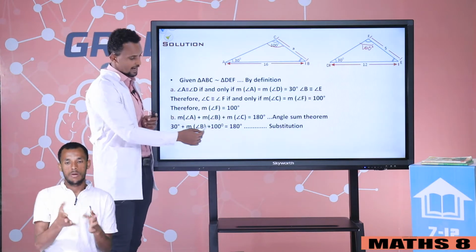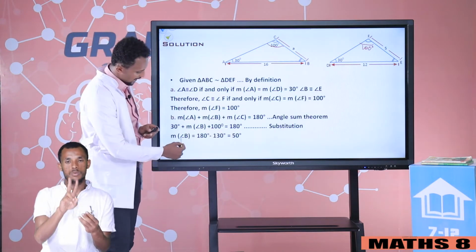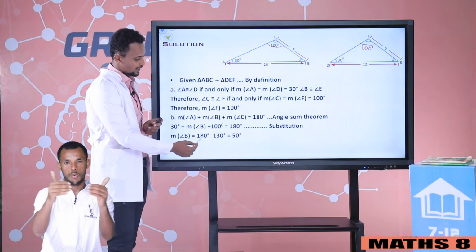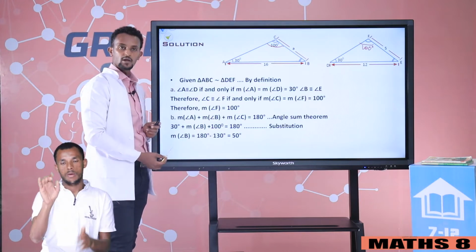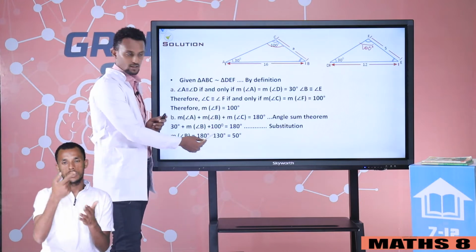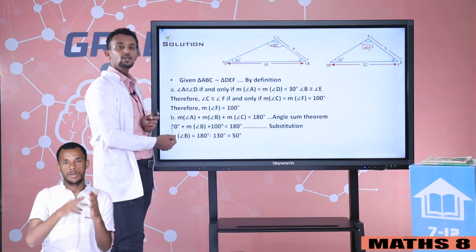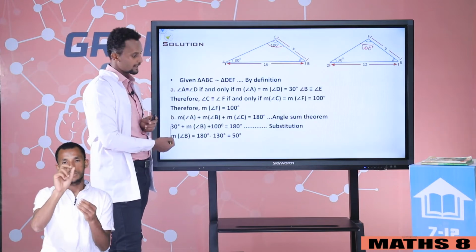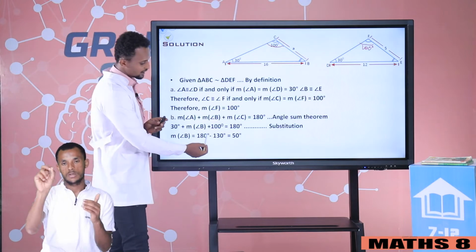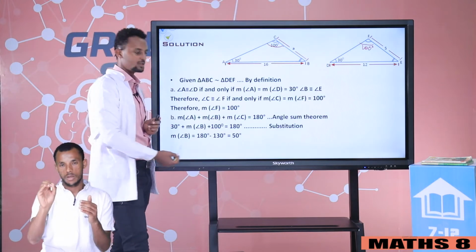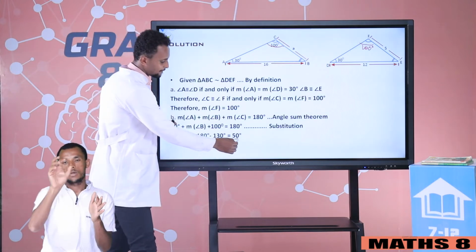Now let's add them. So angle B is equal to 180 minus 130. This 130 means 100 plus 30, that is 130. So 180 degrees minus 130 degrees is 50 degrees.